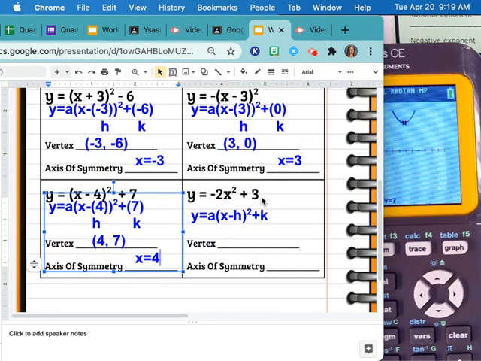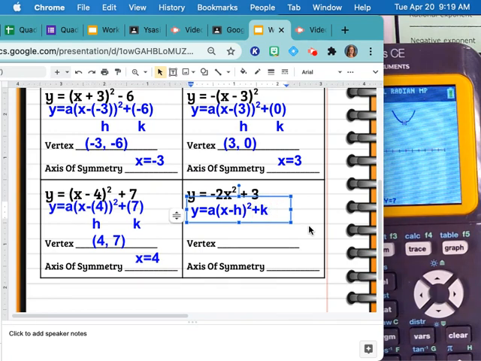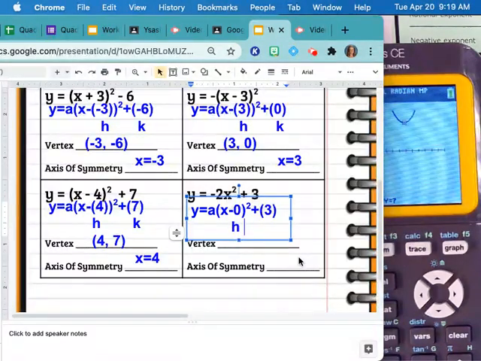Is there a plus a single number that's not squared? So that'd be your k. So the k value is 3. What would that make the h value? 0. Our h value is 0, and our k value is 3.